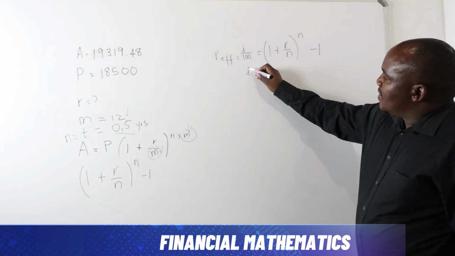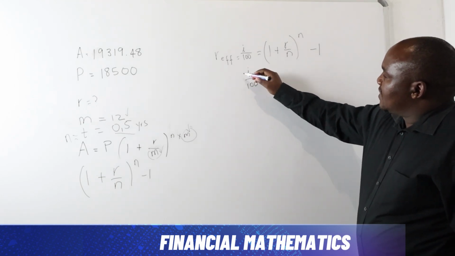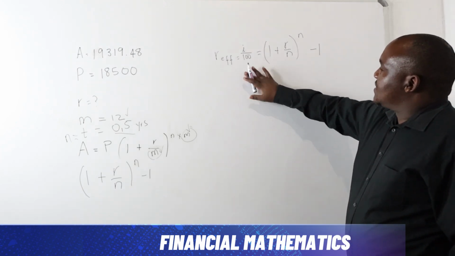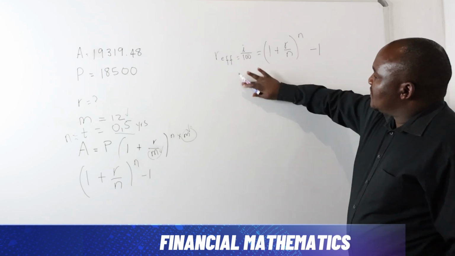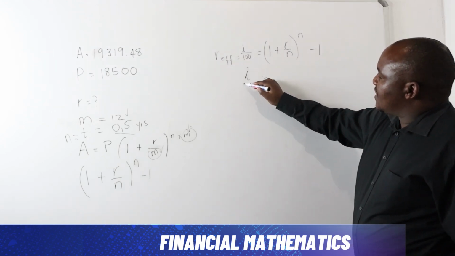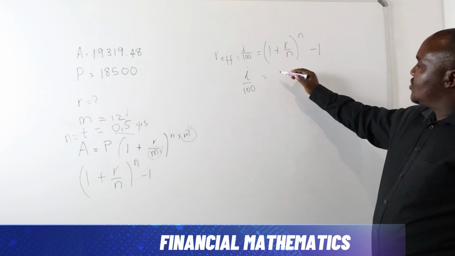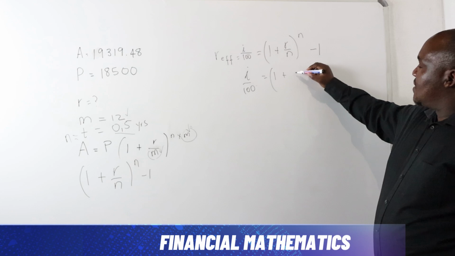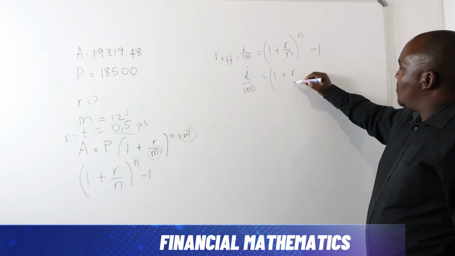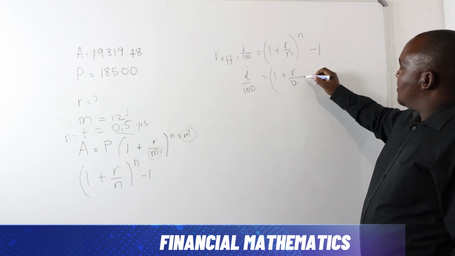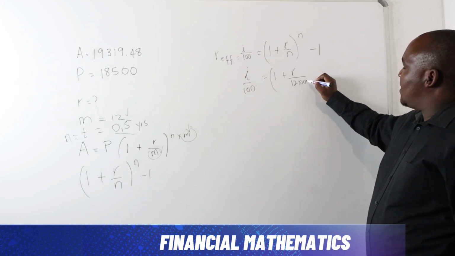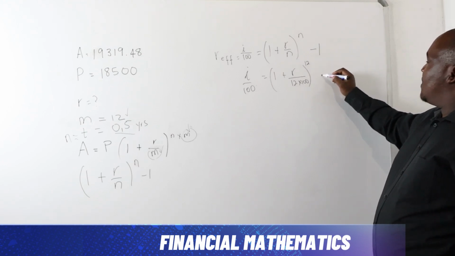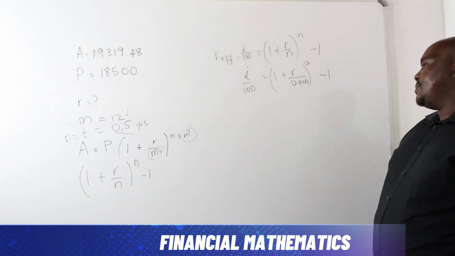Therefore, you've got I over 100, or percentage, is equal to 1 plus R over N, which is 12. Remember, it's also multiplied by 100 because it's a percentage. And you have N, which is 12. Then you subtract 1.